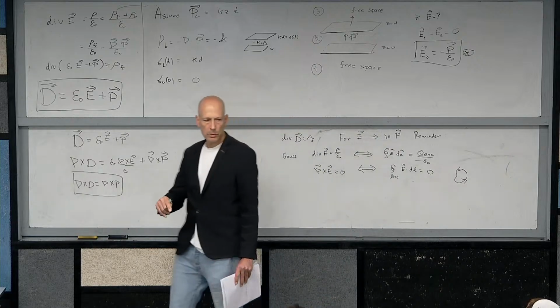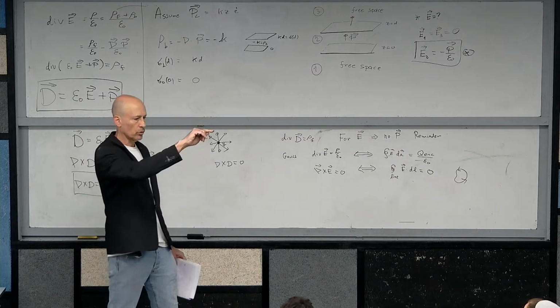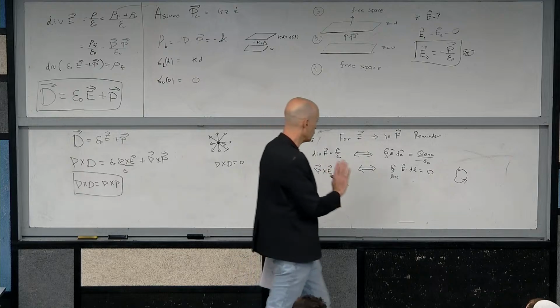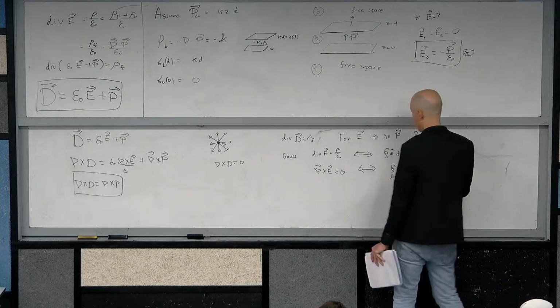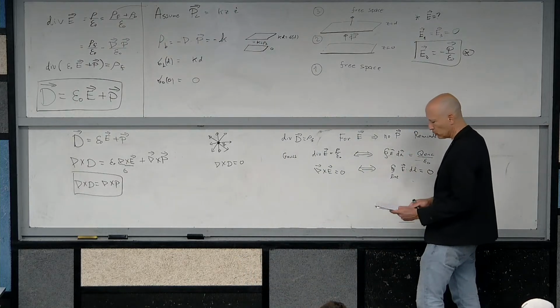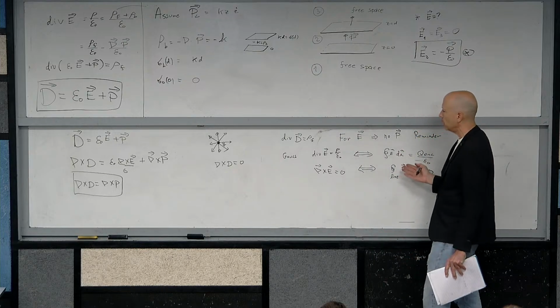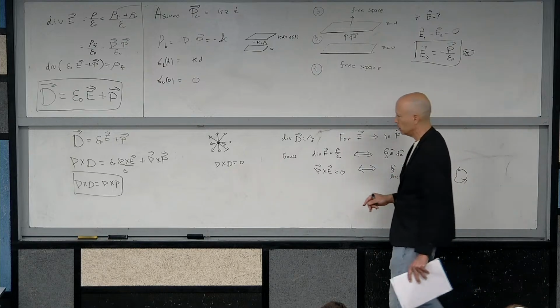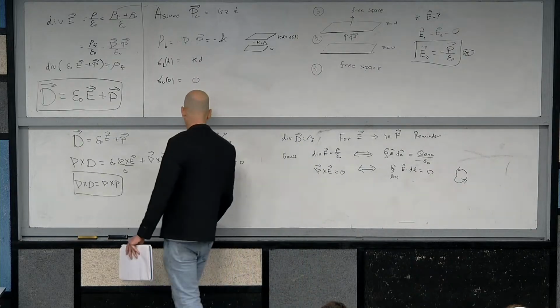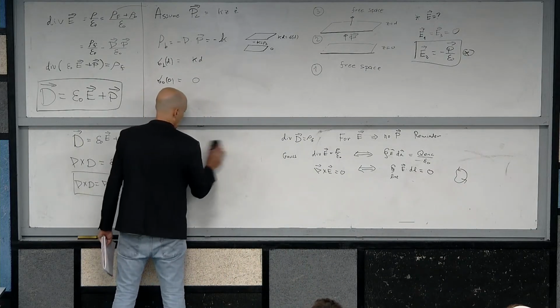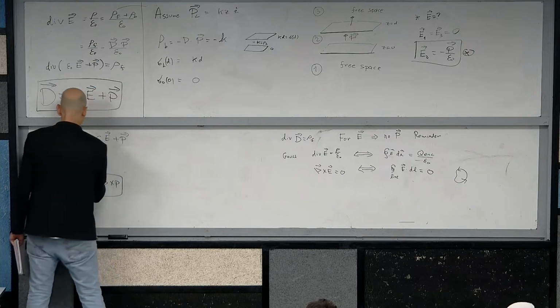This is the same thing, that there's no work done along this loop. This is what we know. Now we want to remind ourselves what is the meaning of these equations when we go to boundary conditions, and then we want to correct them because of this rotor thing for D.